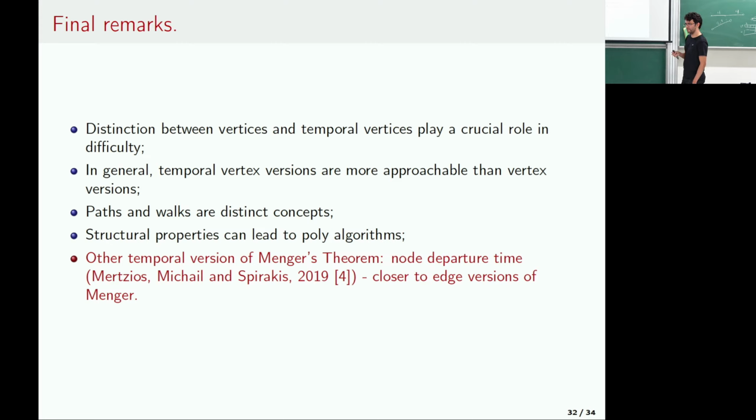I cannot leave the same vertex at the same time. So this is close to the edge version of Menger, actually. I really don't know how close it is, but it's kind of close. There's a comment that the authors make: you can imagine some train station with a limited number of tracks.